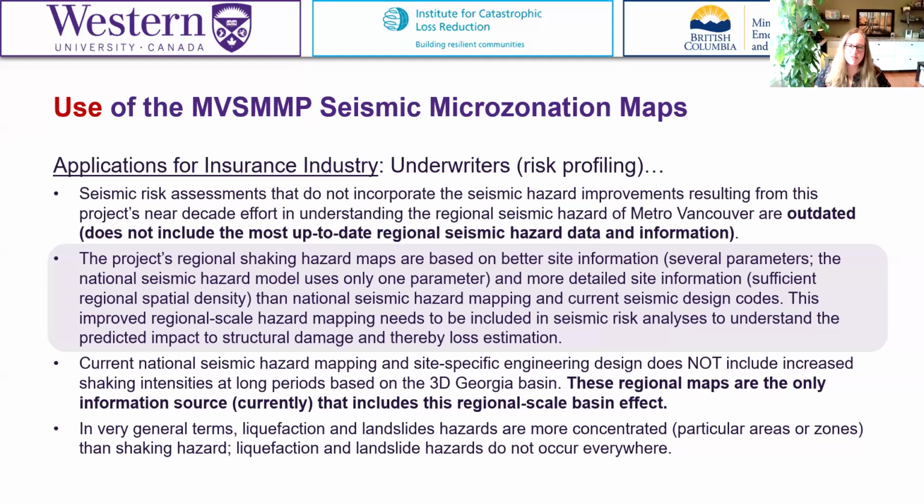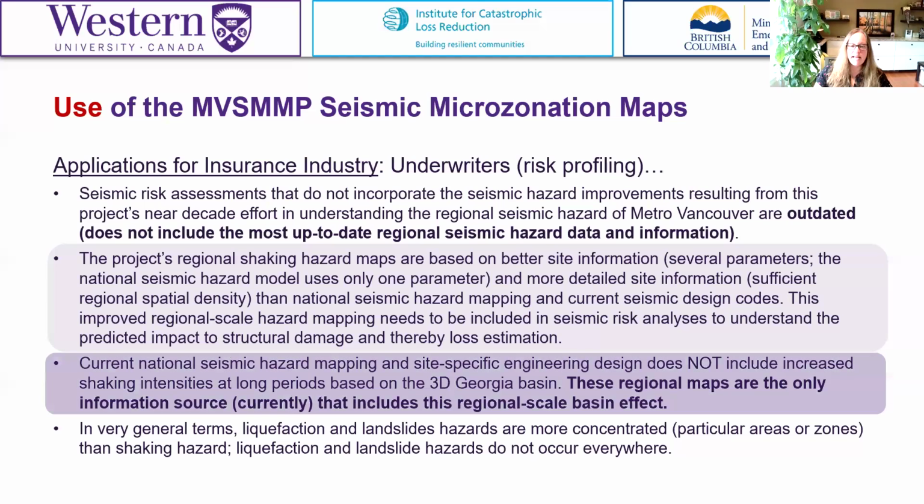We're dealing with a regional scale, so we have better site information, and we use more metrics to anticipate what the ground shaking will be than the simplified national way of doing things, or a simplified code procedure. And so it's important that these regional specific updates make their way into risk and loss estimations.